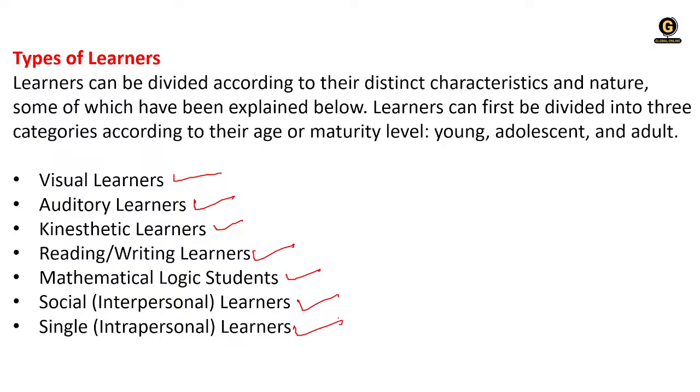They never talk with others, never interact with the teacher. Whatever the teacher is telling, they just listen and write. They understand by themselves, they are not asking any questions of the students, friends, or peers. They are just learning by themselves. Those are called single learners. So these are some types of learners.